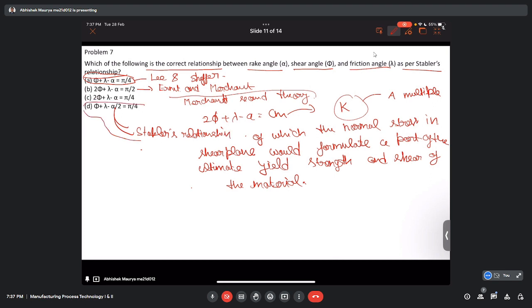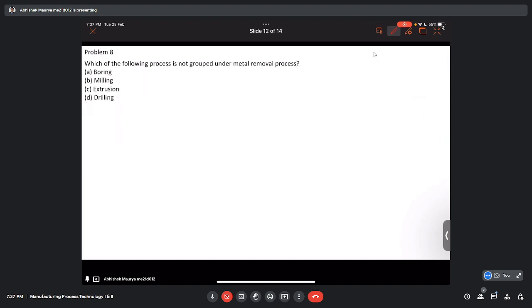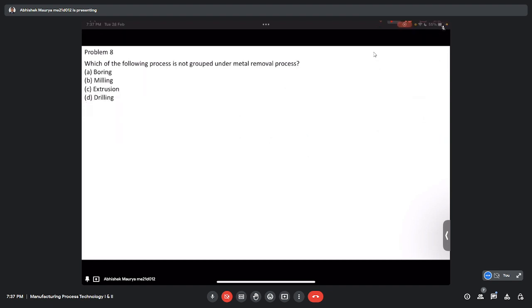So the correct answer is the last, and it is just a memory based problem. So we will move to the next problem. Please read it. It is also an easy one.